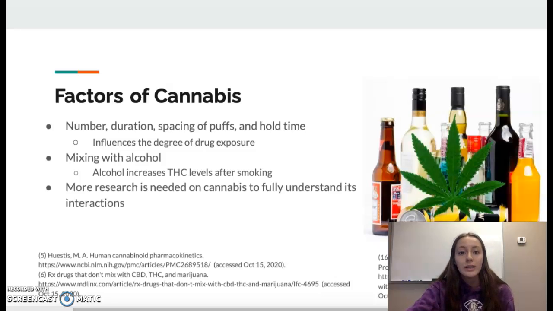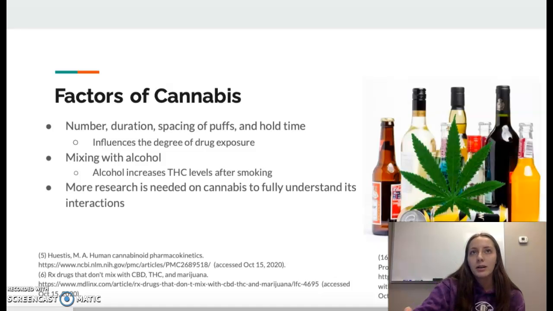Researchers have found that alcohol may increase THC levels immediately after smoking. However, the effects seem to diminish pretty soon afterwards. But more research needs to be done to fully understand the interactions of cannabis with these drugs.